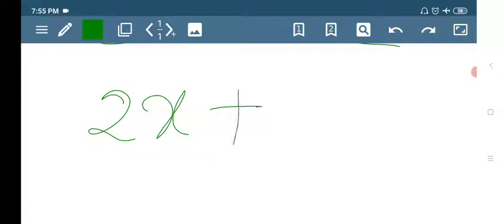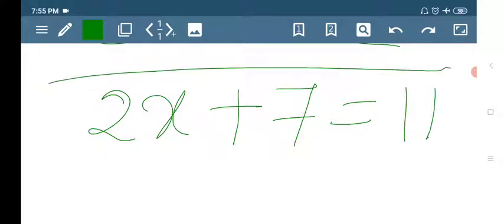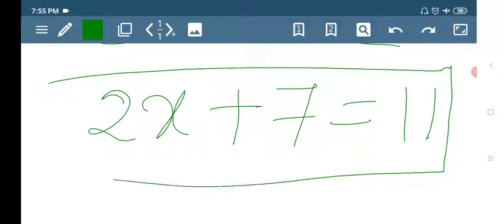So now any algebraic equation in one variable, for example 2x plus 7 is equal to 11. This is an algebraic equation in one variable.